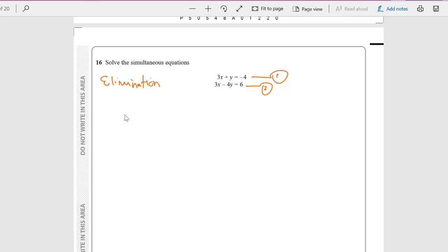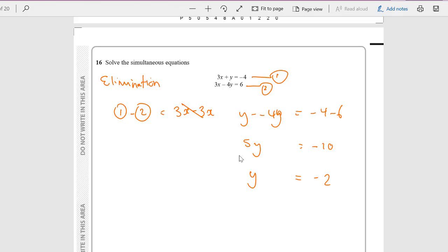So I'm going to say 1 subtract 2. So that means 3x minus 3x, y minus 4y, and then that equals minus 4 minus 6. The x cancels. 5y equals minus 10. So y equals minus 2 because you divide by 5 on both sides.